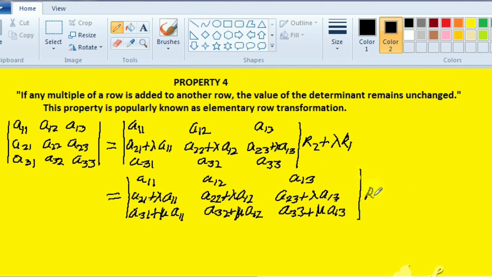So this is property number 4, and these are the operations we have carried out in the same step.